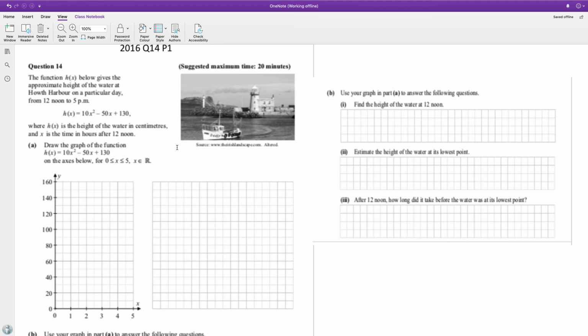Have a go at that. If you're waiting around for me, have a go. If you get the graph right, you will get into the marks.